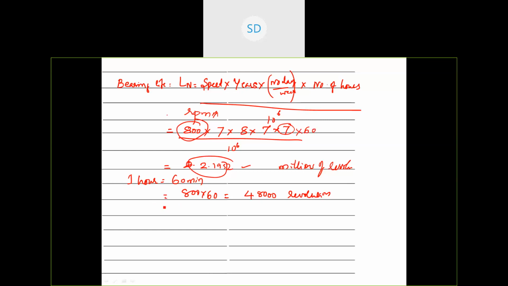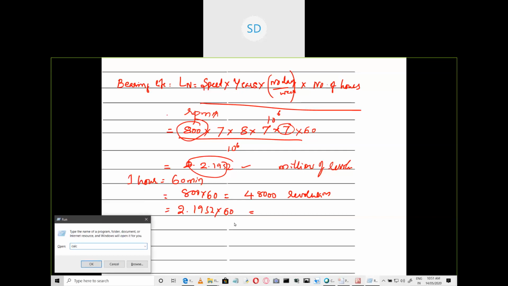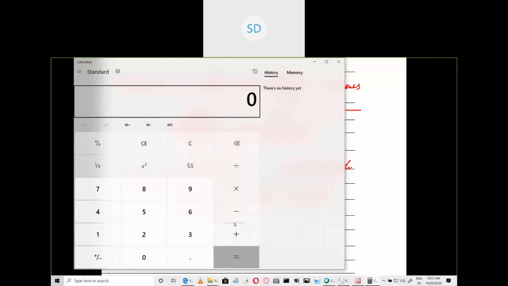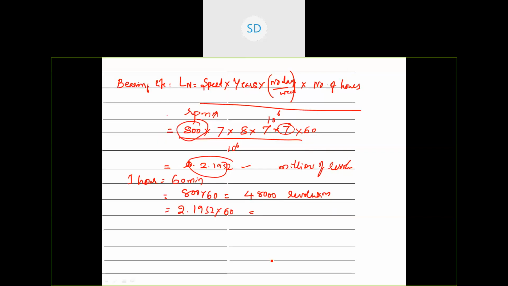Now 2.1952 into 60, you just calculate. 2.1952 into 60 is 131.52 millions of revolutions.